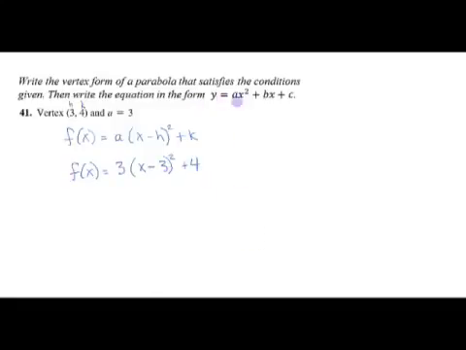And let's write it in our standard form, y equals ax squared plus bx plus c. In order to do that, all we need to do is simplify this expression on the right side of the equation.